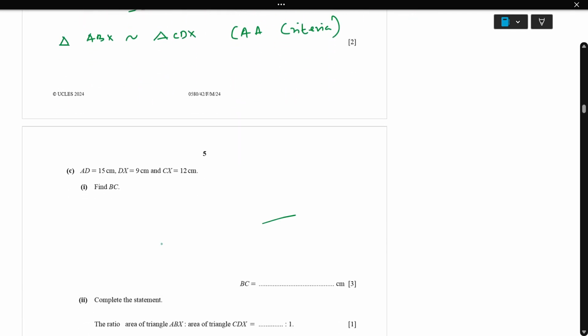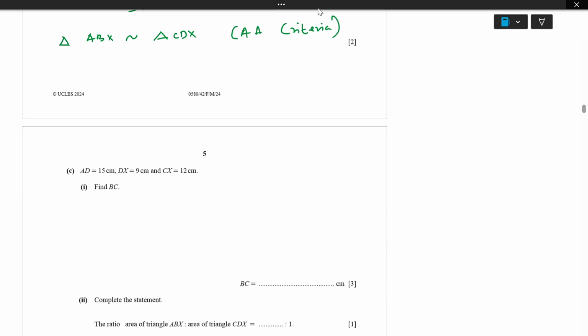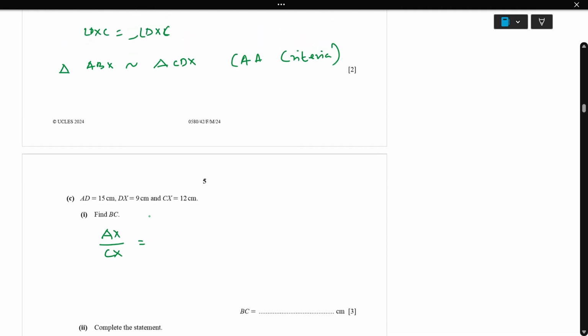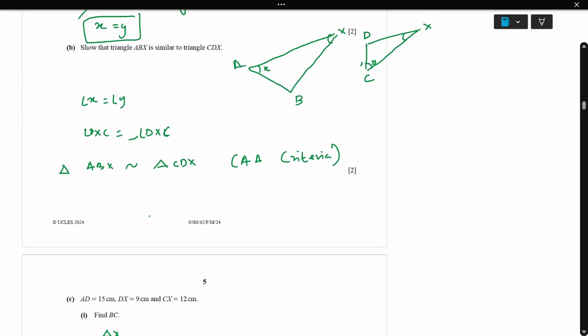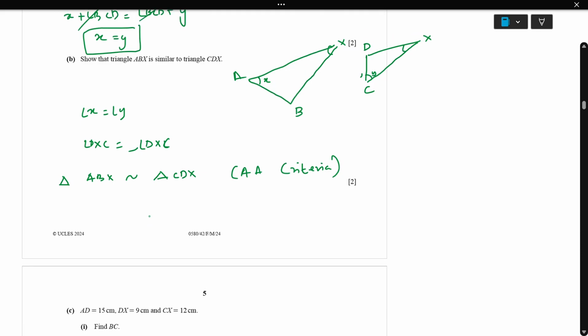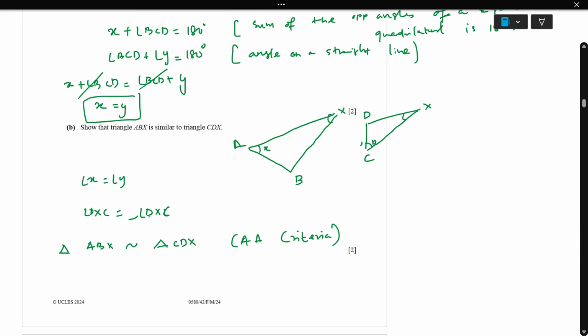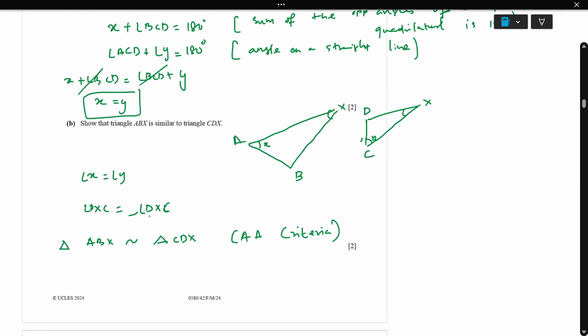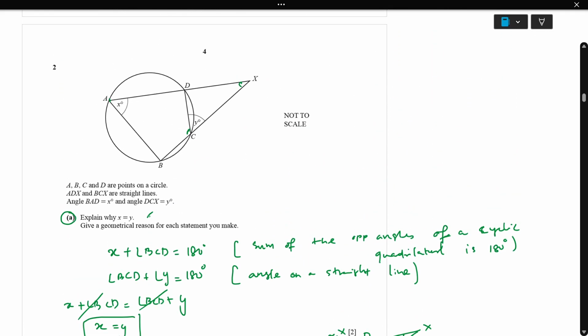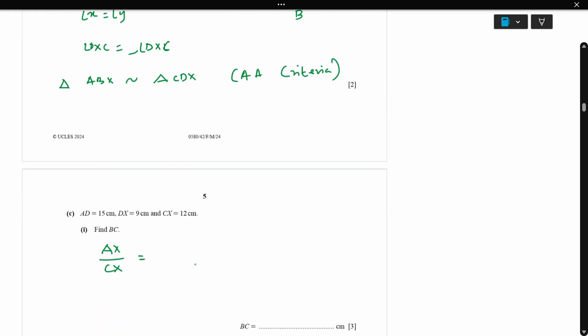AX by CX equals the other given sides, DX and BC. The next one we can write: BX and DX are in equal ratio.